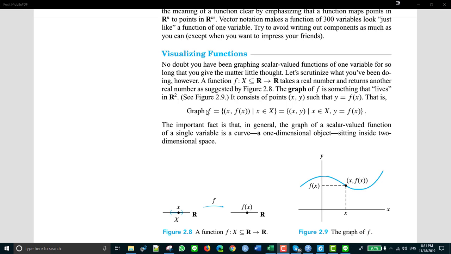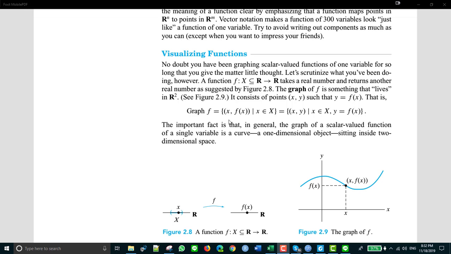So we can write a nice definition of the graph. It's the set of all x comma f of x, such that x is in X. Or we can write it's the set of all x comma y, such that x is in X and y equals f of x. So she makes an important statement here.